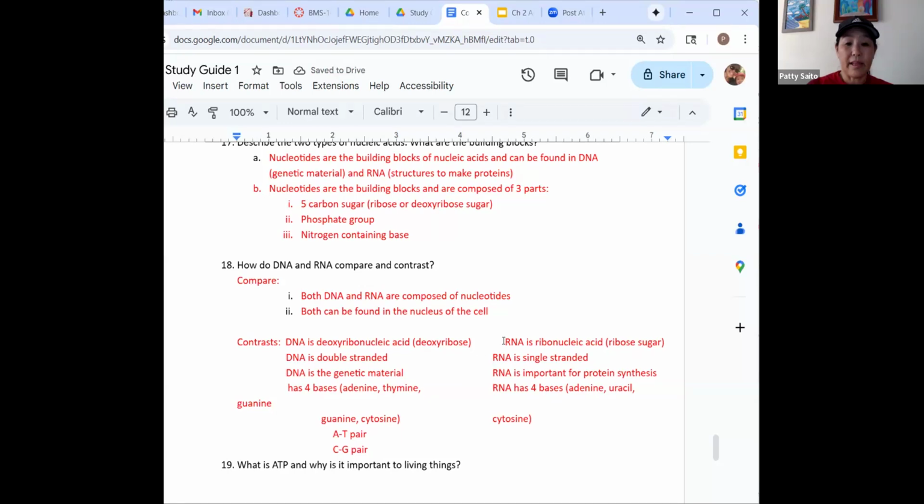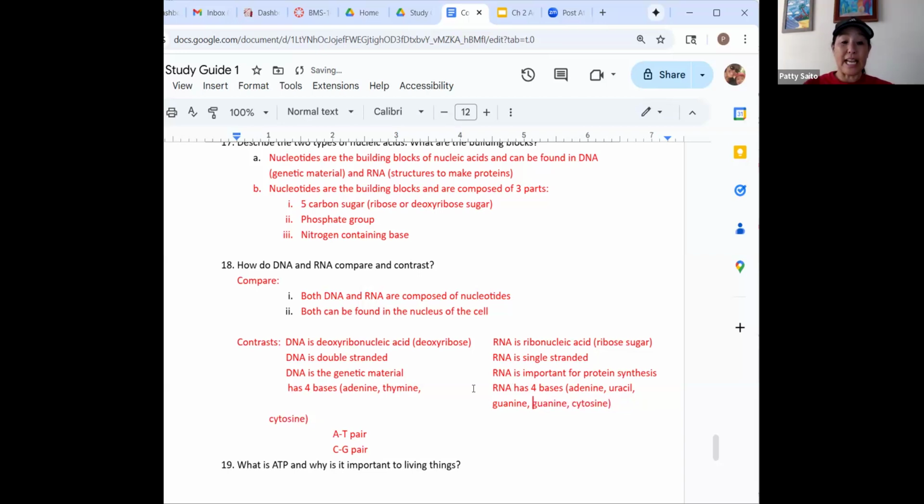I messed up my thing here. Maybe I'll move this. Anyway, DNA is double-stranded, RNA is single-stranded. DNA is genetic material. RNA is important for making proteins, so it's a little different in that it plays a role in making proteins. And then the bases, which I've already mentioned.